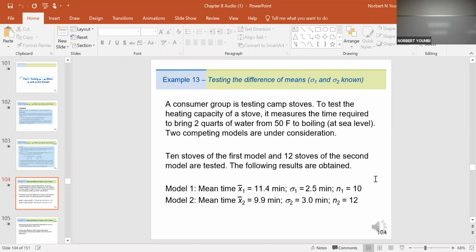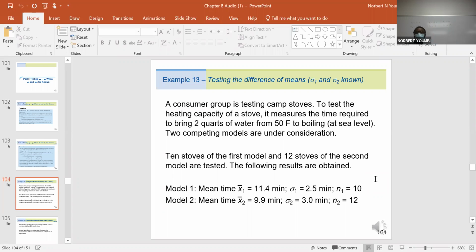if you want to solve manually, you will need to know sigma 1 and sigma 2. We first have the sample mean, x1 bar equals 11.4, sigma 1 equals 2.5, and n1 equals 10. This information is from the example. x2 bar equals 9.9, sigma 2 equals 3, and n2 equals 12.